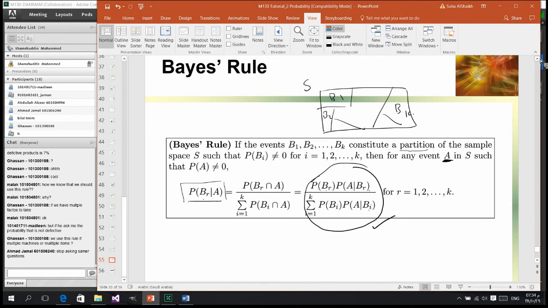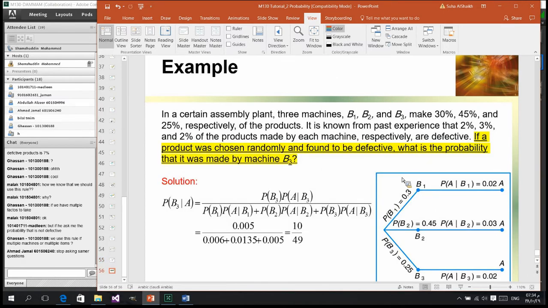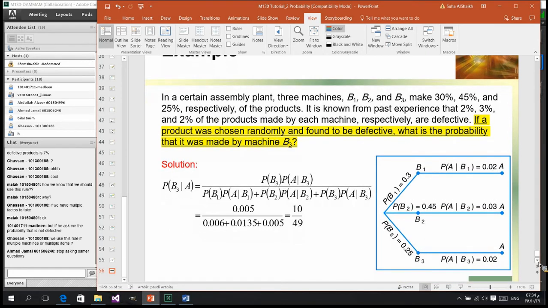Now, how can we apply this one in case they ask for a conditional thing? Now, for the same example, the same diagram, the same inputs, but the thing is, if you can see here in the yellow, if a product was chosen randomly and found to be defective, what is the probability that it is made by B3?